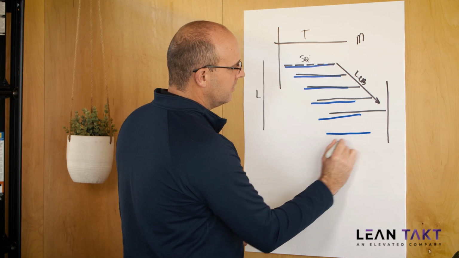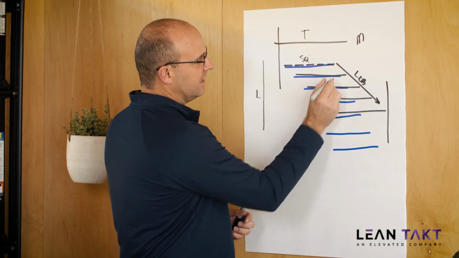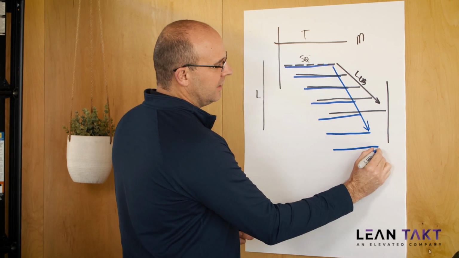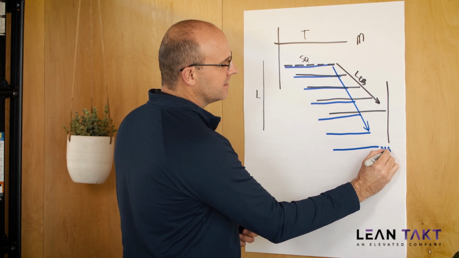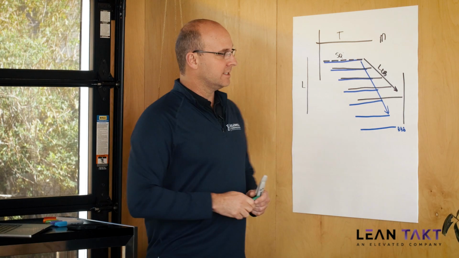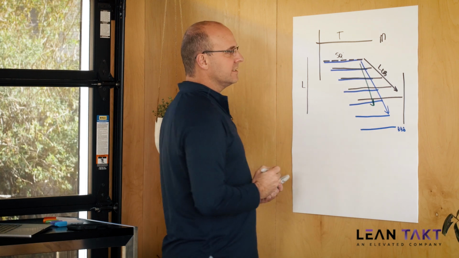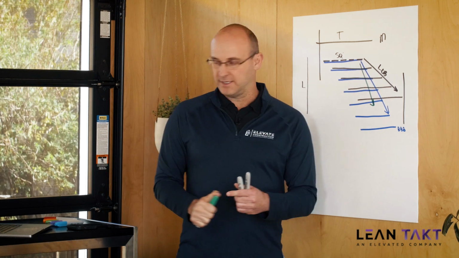It's going to look like a different shape, it has a different line of balance, and you're going to gain buffers at the end. We also do this, and I won't draw it in too much detail, but you can also identify a backup pace for your takt plan.